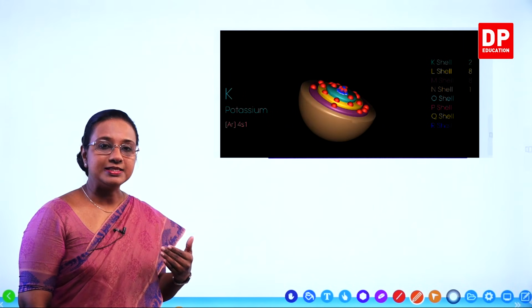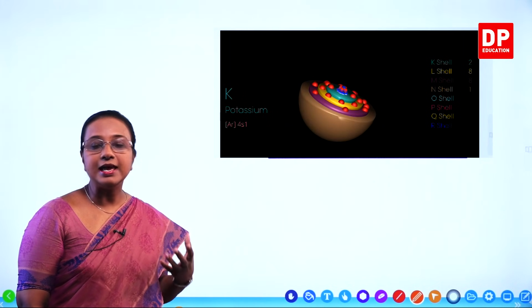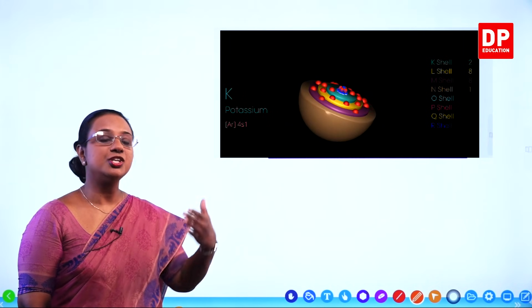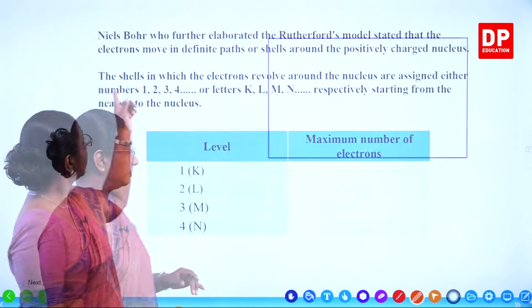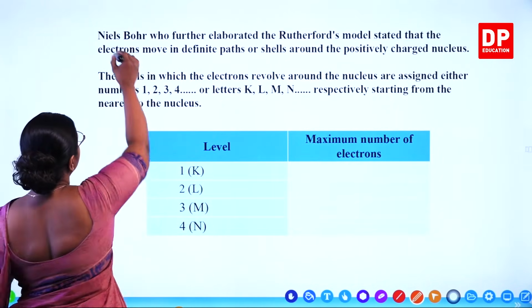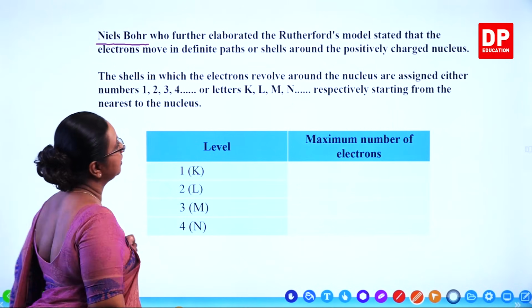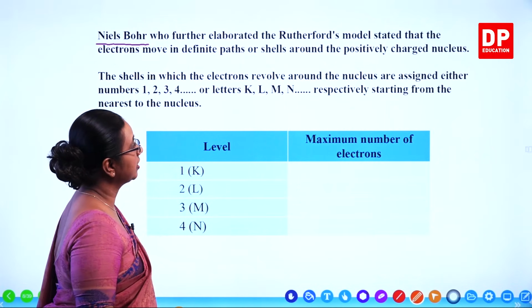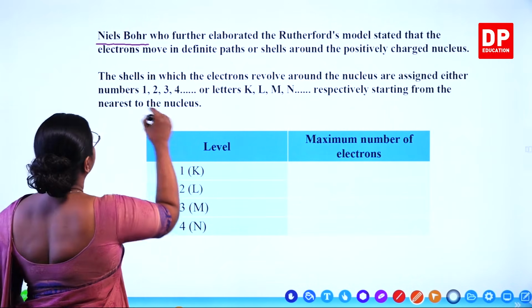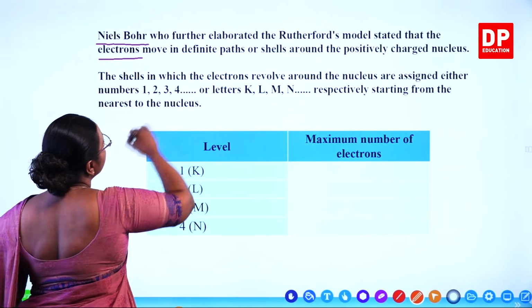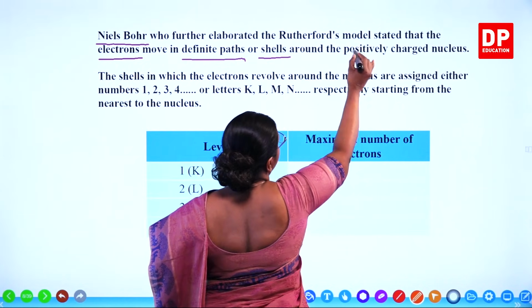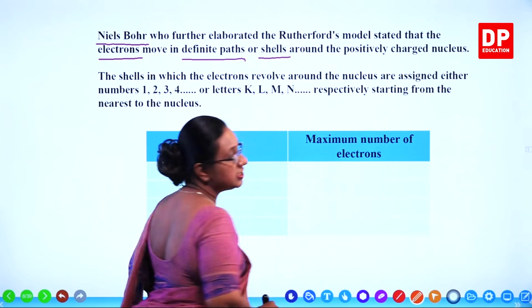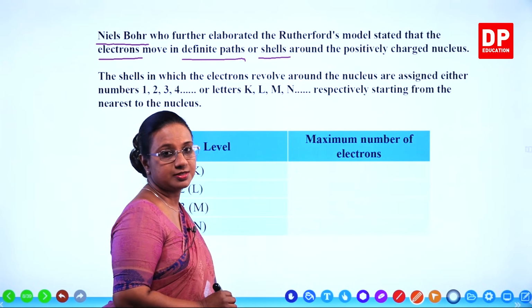Next, we will see how electrons are arranged in these different energy levels. As you can see, Niels Bohr, who further elaborated the Rutherford's model, stated that the electrons move in definite paths called the shells around the positively charged nucleus.